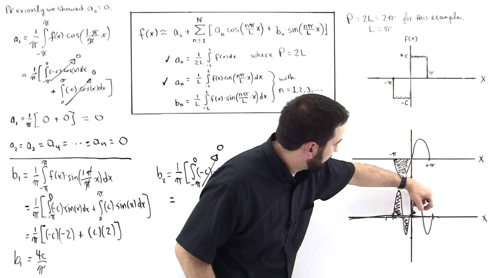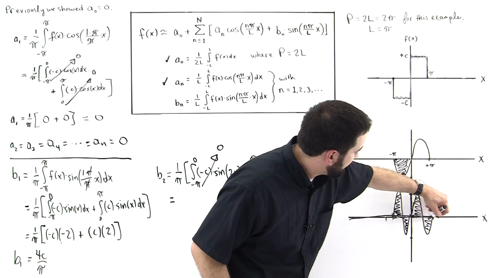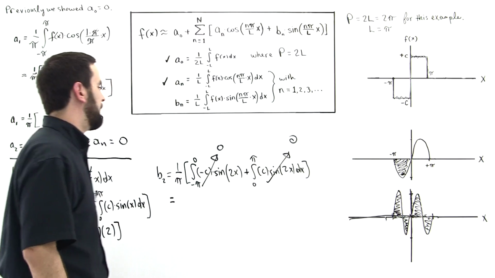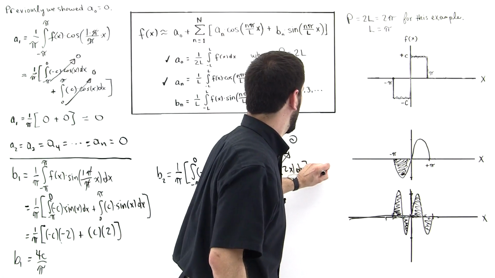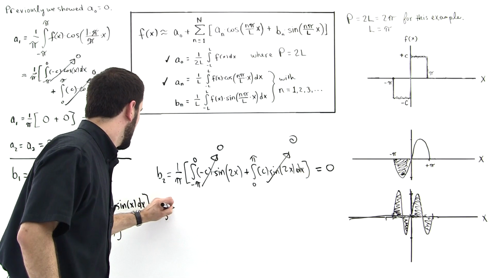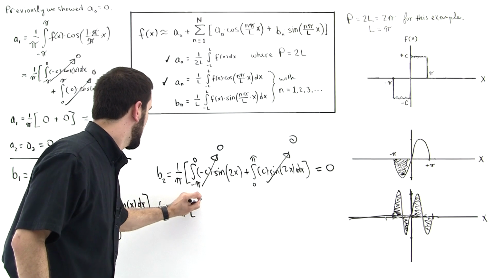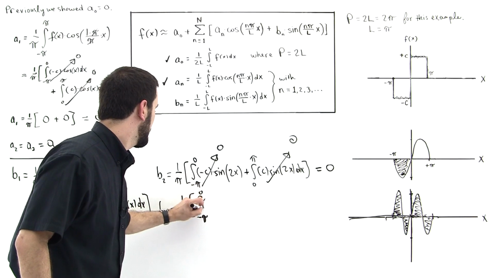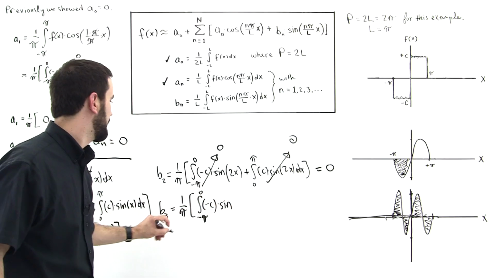And look, when you integrate from 0 to pi, you got a positive area and a negative area. They're equal in magnitude, but opposite in sign. 0. Okay? So I'm going to save some space here. That's equal to 0. b3 equals 1 over pi, integral from negative pi to 0, negative c times the sine of 3x, because we have a 3 now.